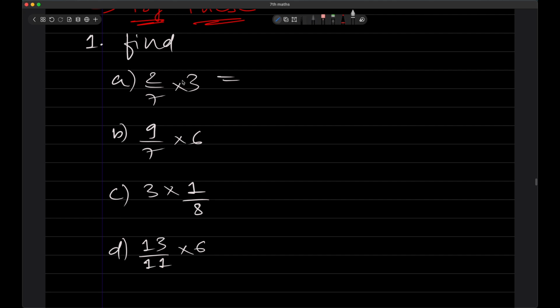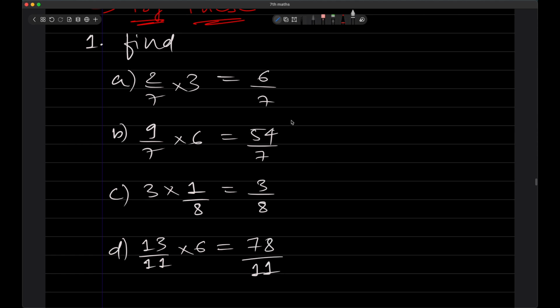So we will multiply the numerator: 3 into 2 is 6 divided by 7. This is 9 into 6, 54 divided by 7. Third, 3 into 1 is 3 divided by 8. And fourth, 13 into 6 is 78 divided by 11.